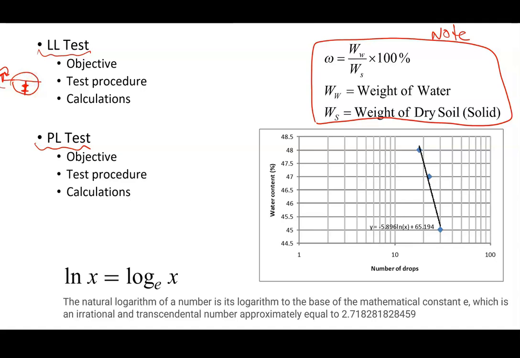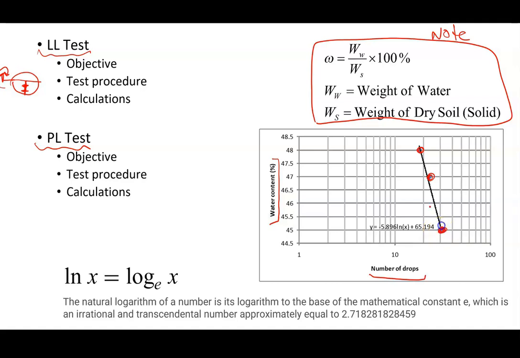You needed to repeat the test at least 3 times, so you have 3 data points. As you can see, the x-axis is number of drops, and the y-axis is water content.